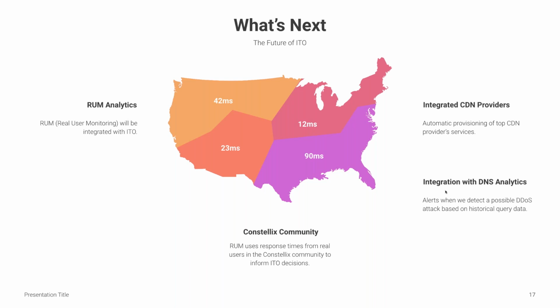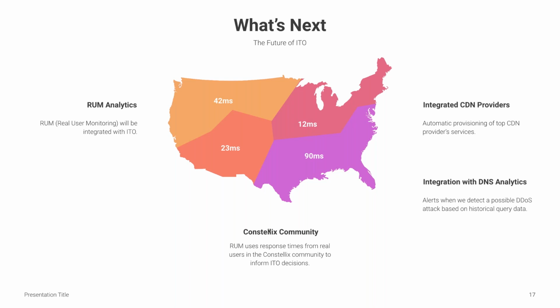We're integrating all this stuff with our DNS analytics. If you looked at our recent webinars, we're doing a lot of tracking on the queries coming in to early detect DDoS traffic. We're giving you the real-time logging and analytics about that. We're going to be integrating that with page performance speed times of your users based upon the RUM data. And then finally, we're going to have the Constellix community. We're gathering all this data from all these different users, monitoring all these different CDN providers, looking at the visual trace routes of everything.